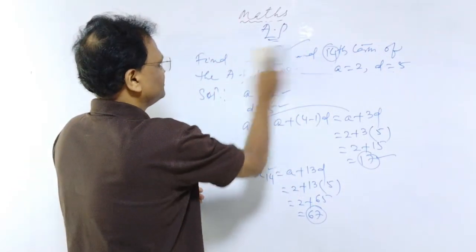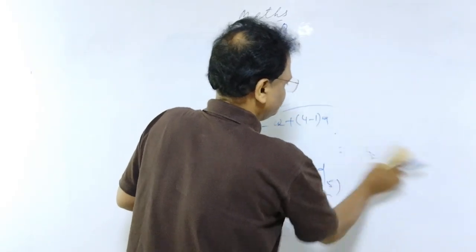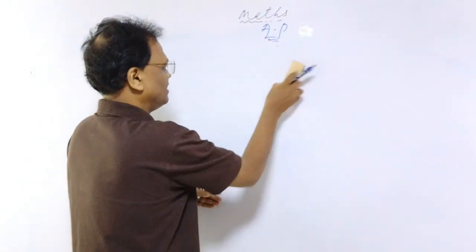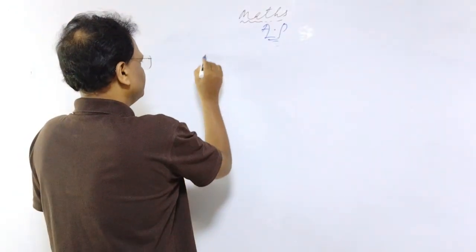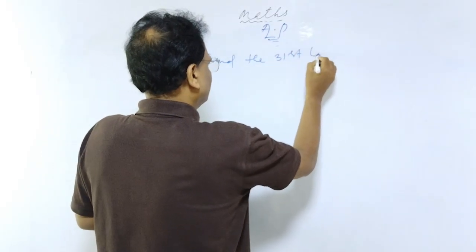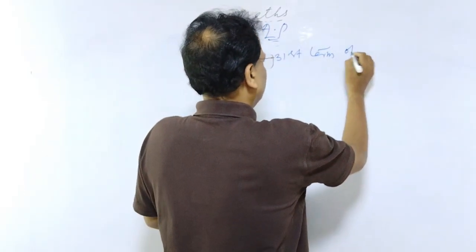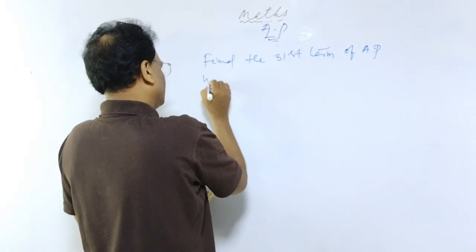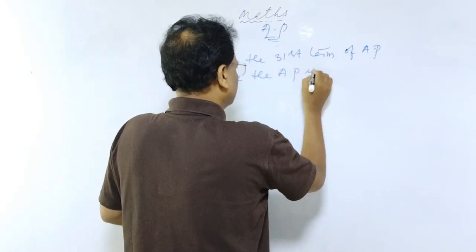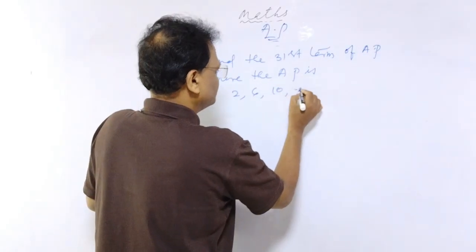Next, let's do a few numericals. Suppose it is given: find the 31st term of the AP where the AP is 2, 6, 10.